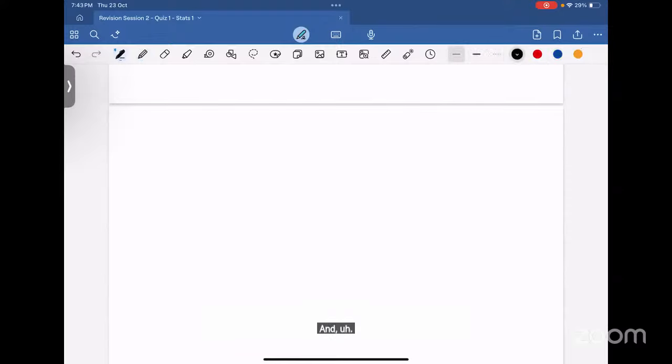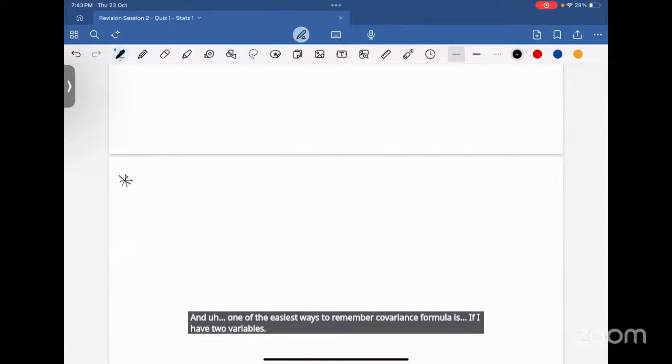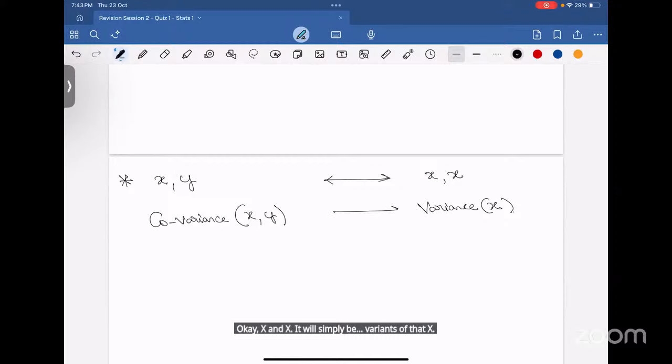One of the easiest ways to remember the covariance formula is this. If I have two variables, let's say x and y, the covariance of x comma y, if you want to connect it with variance, if these two features are the same, x and x, it will simply be the variance of x.